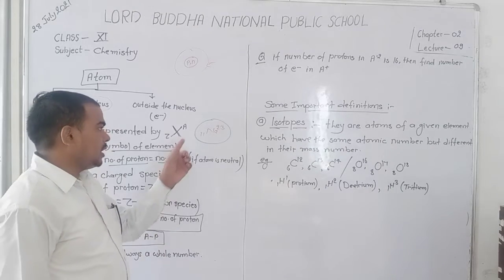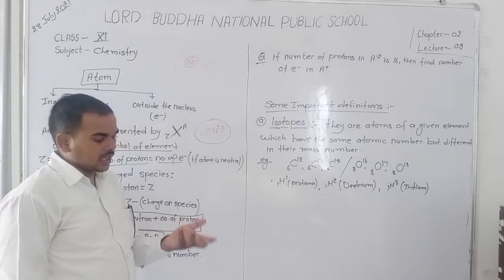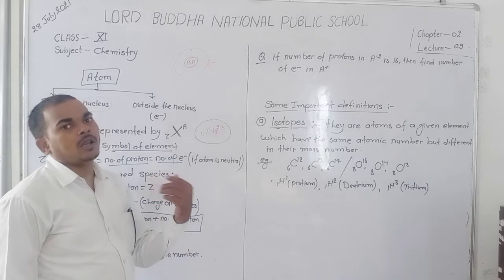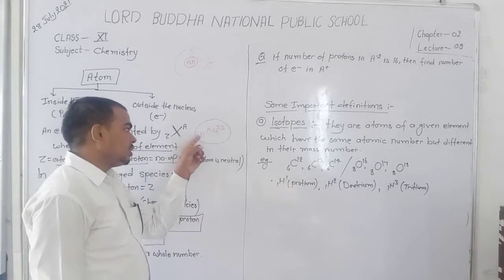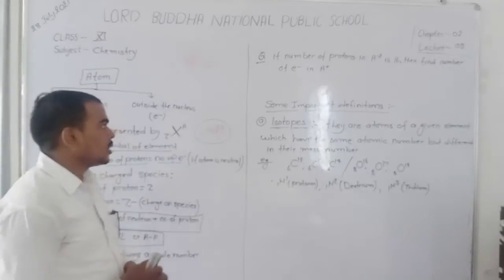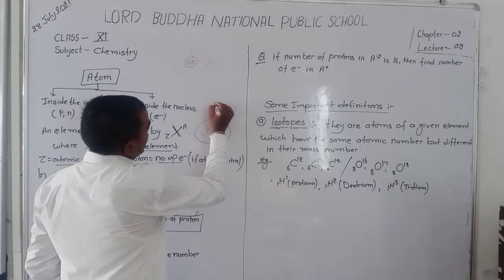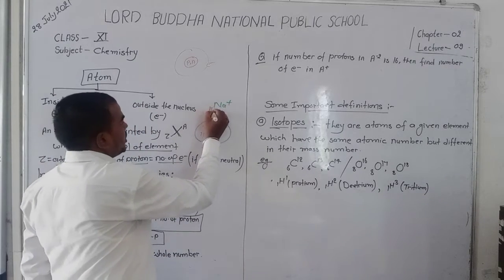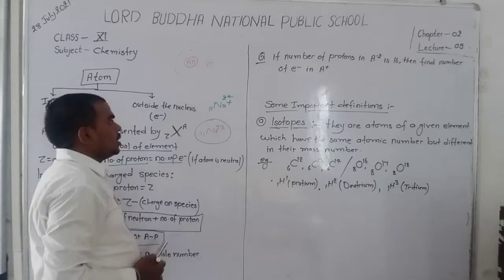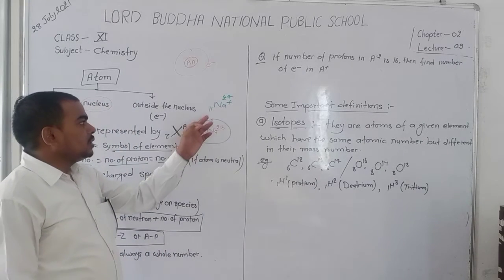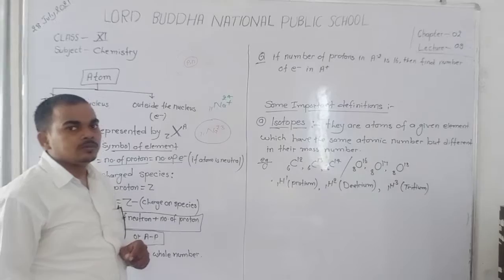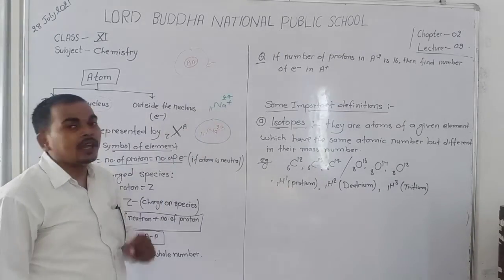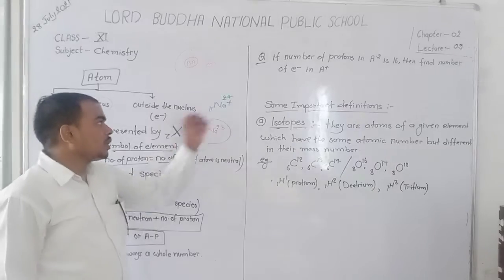Okay, student. Here the atomic number is 11, so we say that the number of protons is 11 and electrons are also 11 because this atom is neutral. But in case of Na+ 11Na24, the atomic number of sodium ion is 11 and the atomic mass is 24.